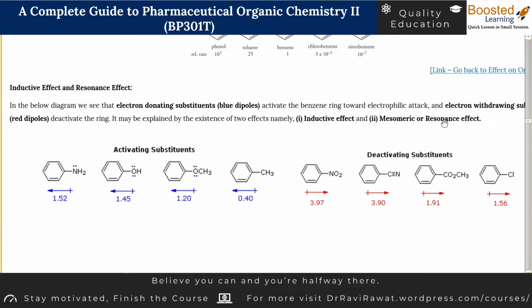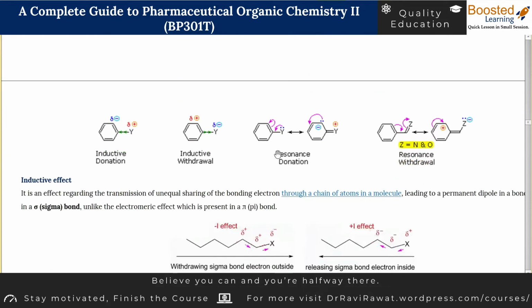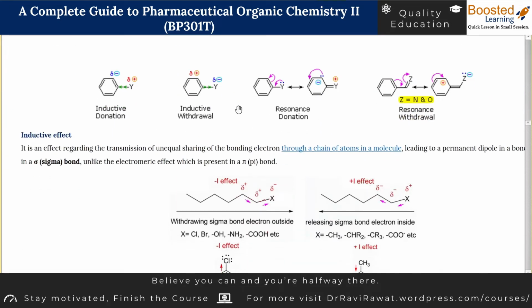Now the other name for resonance effect is mesomeric effect. So we will see the subtypes of both of these effects. Inductive effect can exist in the form of plus I and minus I. Plus I means inductive donation of electrons.